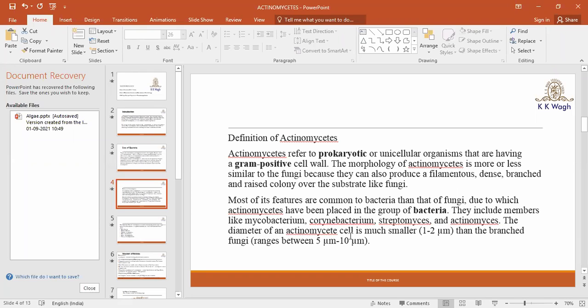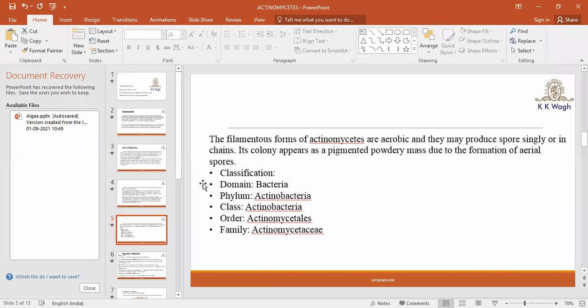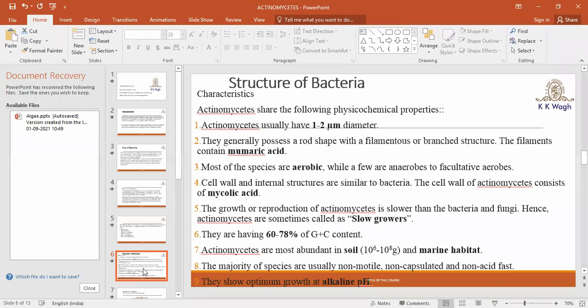The diameter of the actinomycetes is much smaller, 1 to 2 micrometer. This is the overall classification: domain bacteria, phylum Actinobacteria, class Actinobacteria, order Actinomycetales, and family Actinomycetaceae.